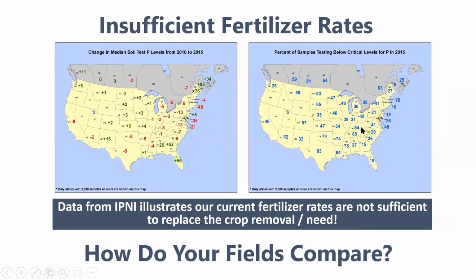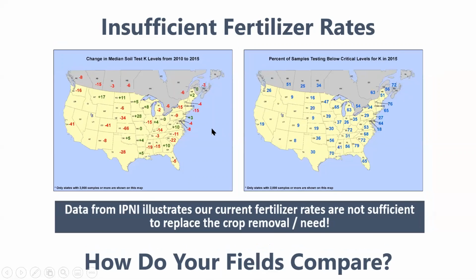We've got some states in the 50s, 60s, 48, 84, 83, and some provinces in the same ranges. When half of our soil test levels coming in for phosphorus are below critical soil test levels, that's alarming. We're seeing yield drag, some negative yield effects because of that. When we look at potassium, same set of maps, we see the same thing.